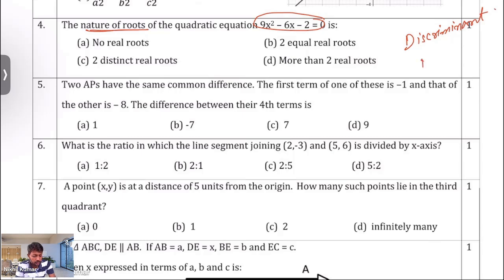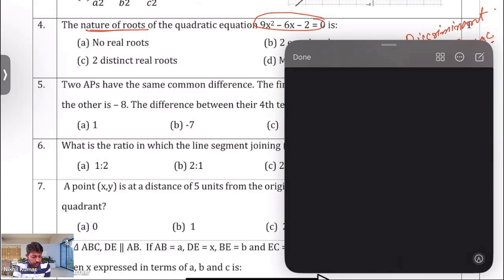The discriminant value represented by D is actually equal to b square minus 4ac. What is b, what is a, what is c? I hope you all know that. Let me calculate the value of the discriminant. Discriminant is b square minus 4ac.